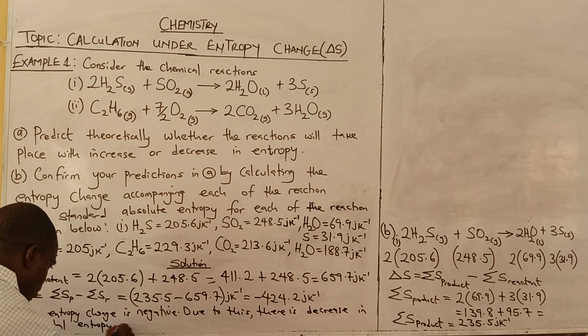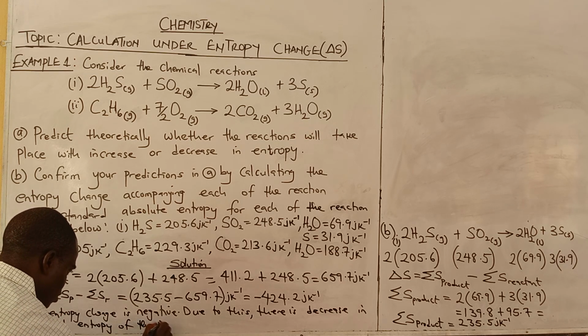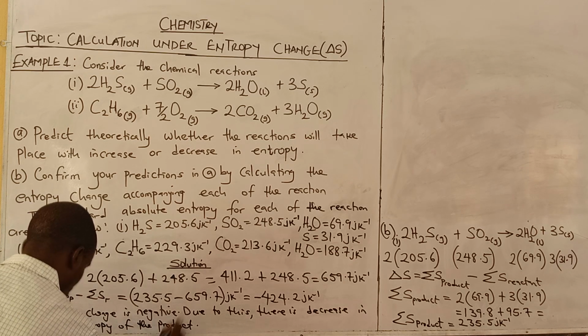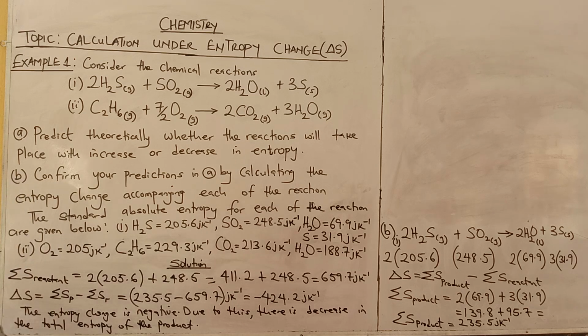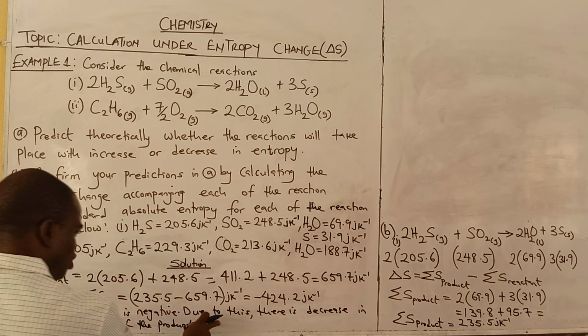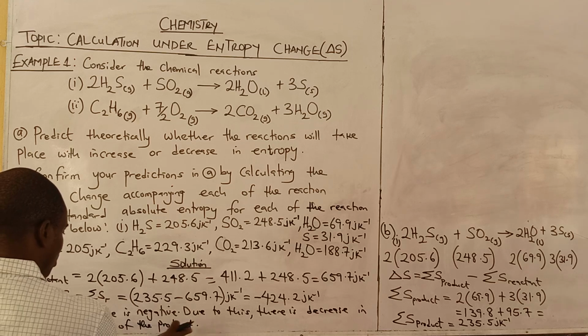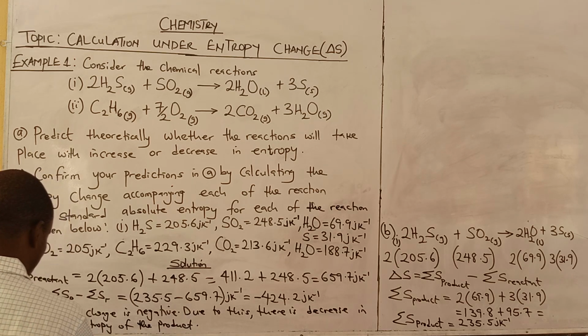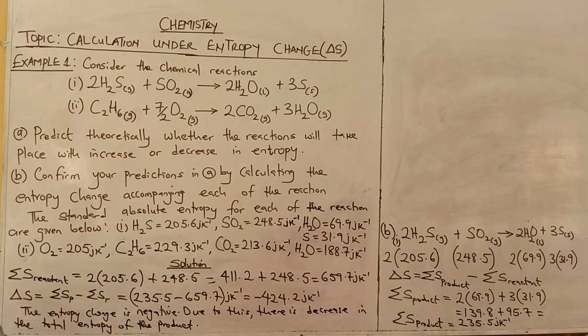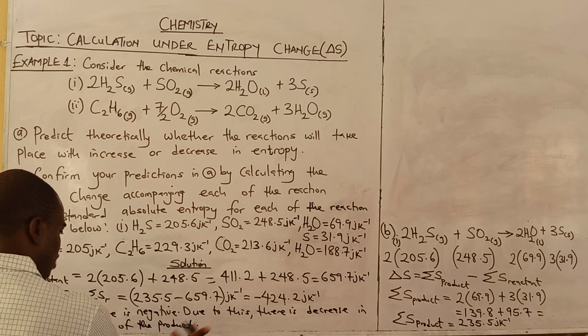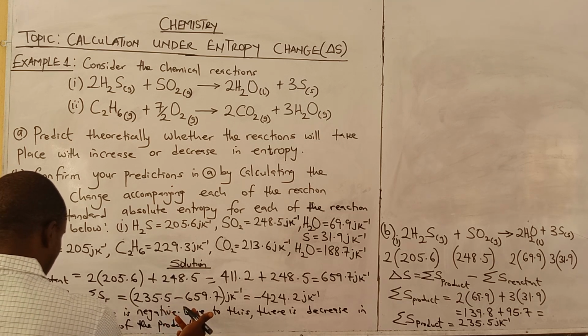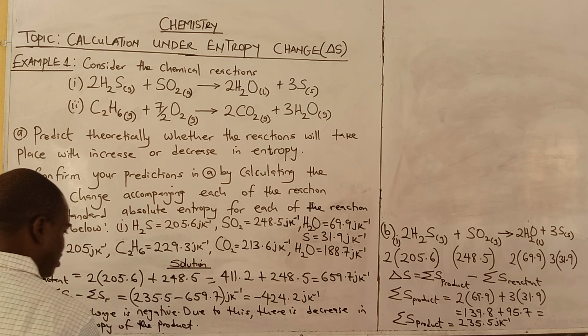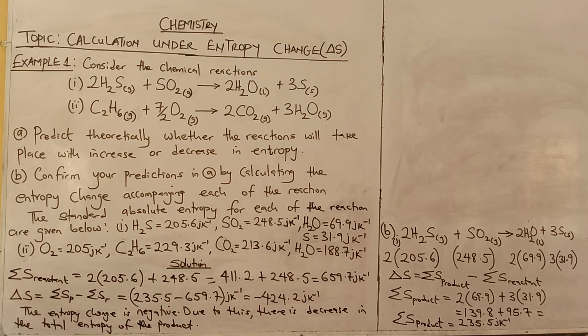Of the product, since it's less, entropy change is negative. Due to this, there is a decrease in the total entropy of the product. Okay, it's saying that the total entropy of the product is less than that of the reactant.